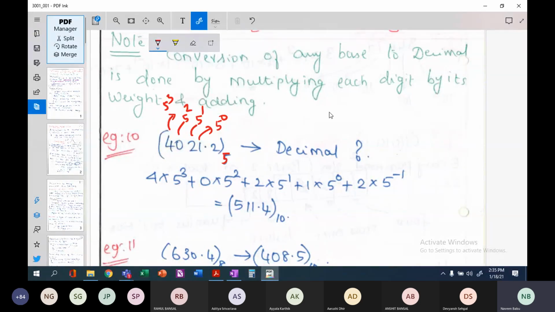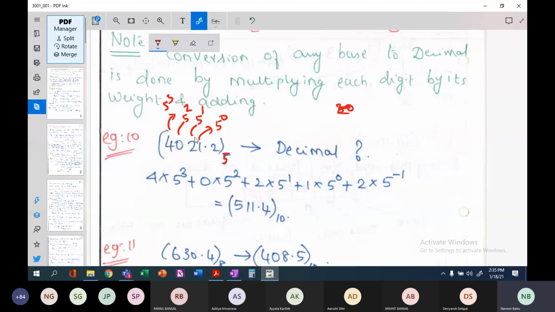Somebody can use a calculator here. And then here 2 into 5 is 10, 5 into 1 is 5, and then the dot. This one is 5 power minus 1. So 5 power minus 1 is 1 by 5, which is 0.2.